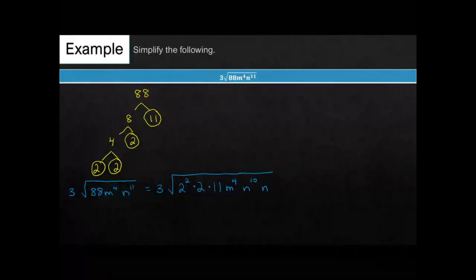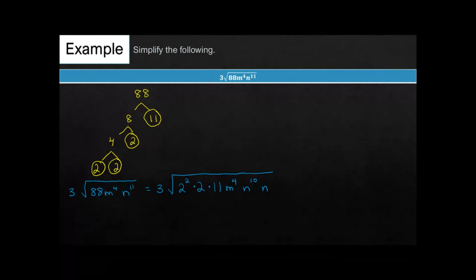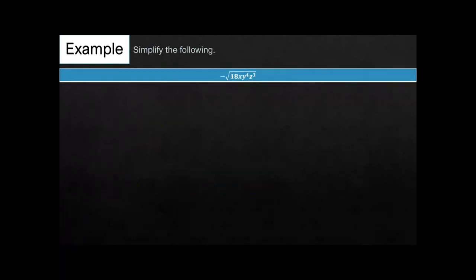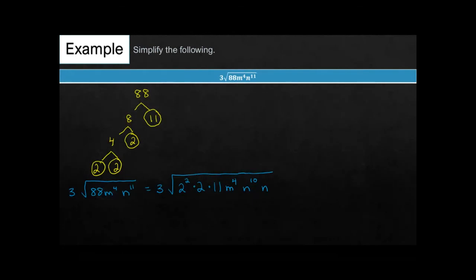Okay, so instead of putting it all the way in the bottom there, I'm going to move what I've written up to the top so I have more room here. So I have 2 squared times 2 times 11 n to the 4th times n to the 10th times another n.